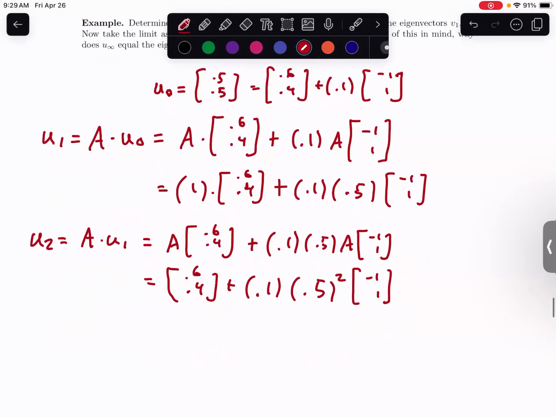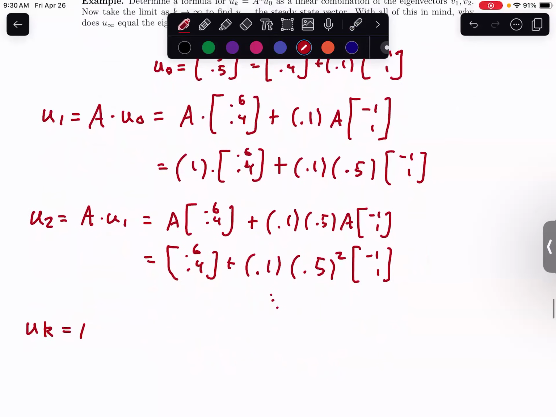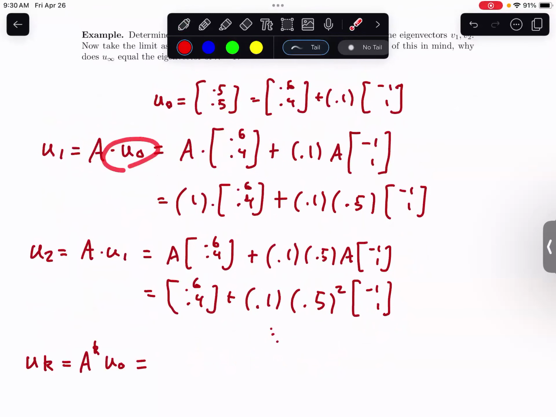And now you can kind of see what's going to end up happening, right? If you generalize, we're going to have that u_k is equal to A to the kth power multiplied by u naught. Even though we're multiplying u naught by A, it doesn't change the 0.6, 0.4 part. It stays the same because it has an eigenvalue of 1.